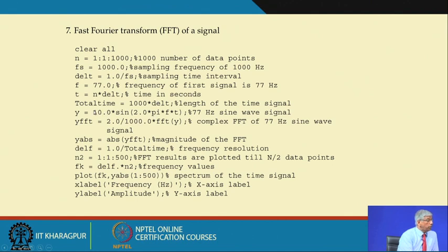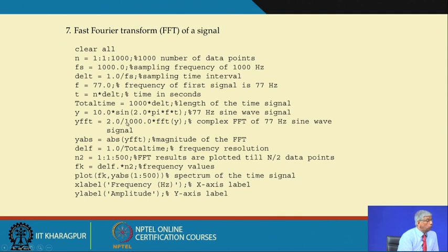So, I have generated my sine wave time signal of 77 hertz by this expression, y is equal to 10 star sine 2 pi f t. And this is the most important command here, wherein I am doing the complex FFT of this 77 hertz sine wave signal. You see this is a scaling factor which we use to get the right amplitudes.